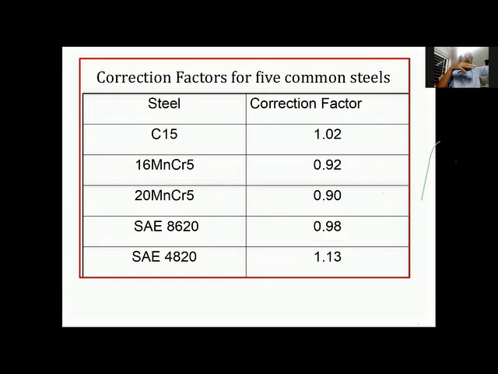The 16-MnCr5 will have a correction factor of 0.92, 20-MnCr5 0.9, like that. It will change with the increasing alloy typically. Next slide.